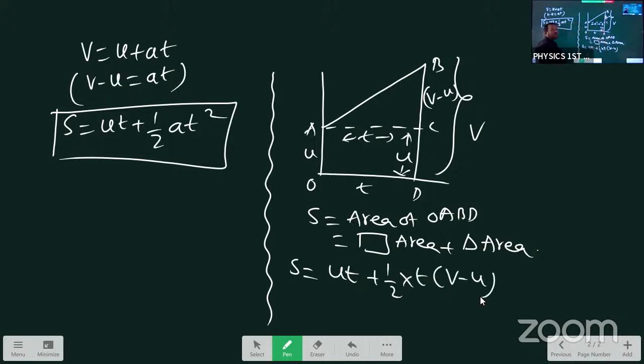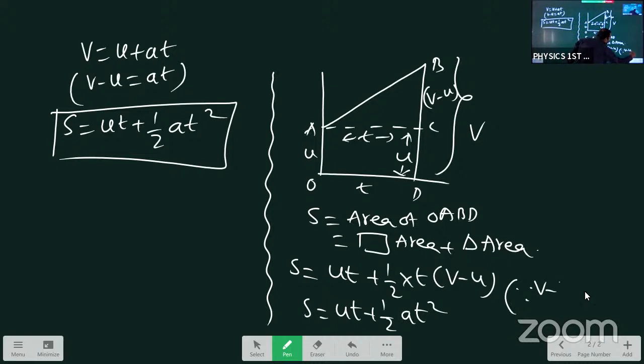That is the third step, students. Fourth, you write directly S equals UT plus half AT square, and in brackets you write V minus U equals AT. This is the fourth step. So this is point number 1, point number 2, point number 3, point number 4. These are the 4 schema of evaluation points.